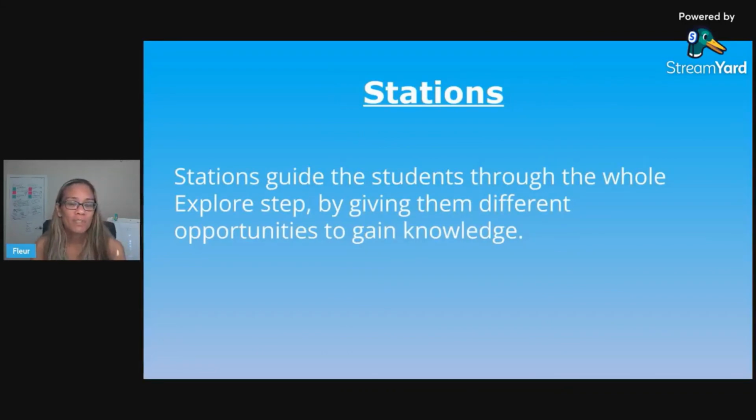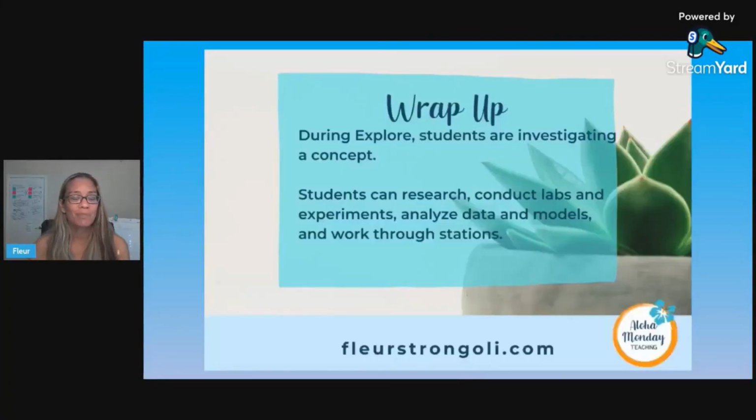Stations help students by guiding them through the whole Explore step, and it gives them different opportunities to gain knowledge about the topic.